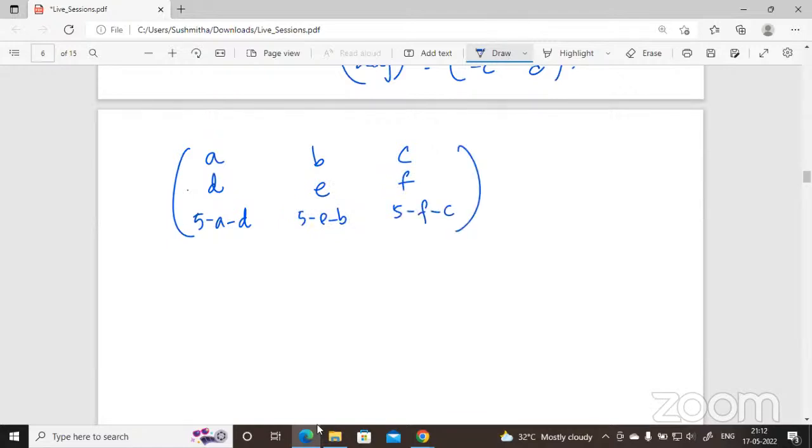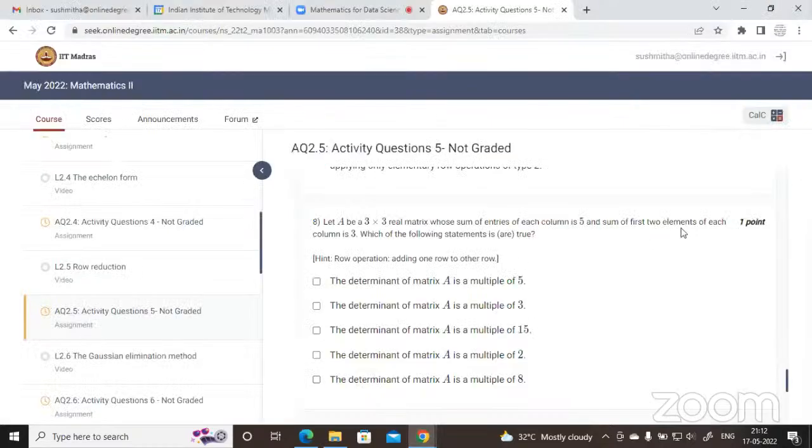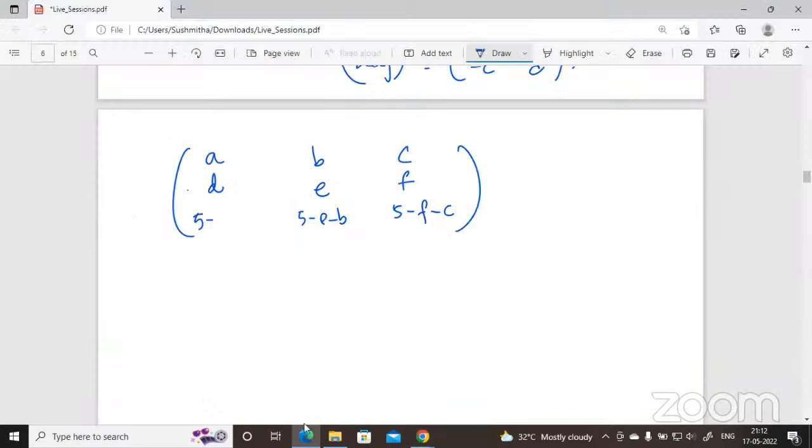And in addition to that, what do I know? What is A plus D? 3, ma'am, given that the sum of the first two elements of each column is 3. So the last entries are 2.